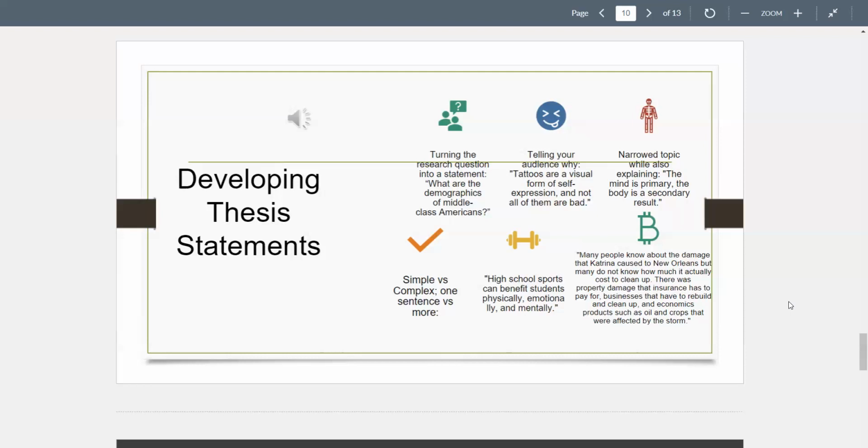So what do you have to add to that particular conversation? Why are you choosing this? So if you just say, well, tattoos are a visual form of self-expression, not all of them are bad, why? What more are you adding to this conversation? You also want to make sure it's narrowed enough of a topic, but again, that you don't give away what you're going to talk about, but you at least explain what you're going to talk about.